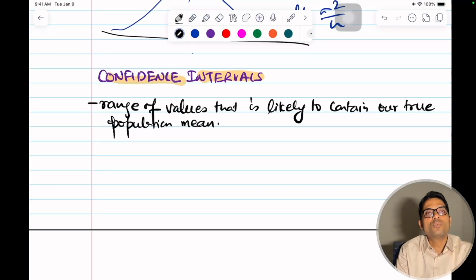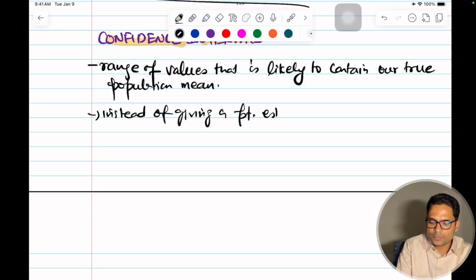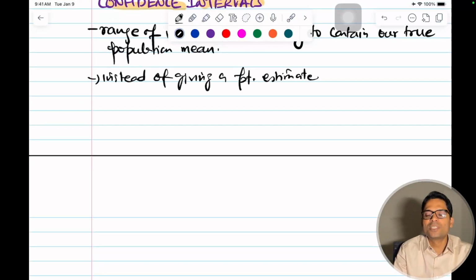This is a better, more accurate representation than giving a point estimate, as we saw in the sample mean. It gives a range of values with a confidence level. What does confidence level mean?